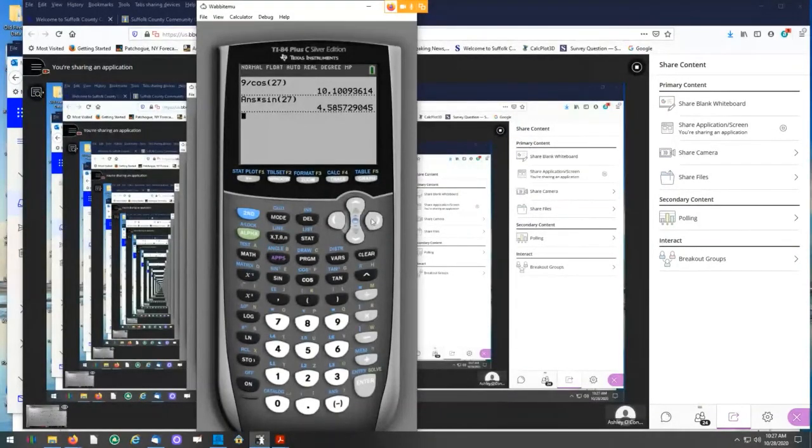I know my calculator is set for the degree mode. Let me clear this out. We'll start with the arc sine of 5 over 10.3. So second function, inverse sine of 5 divided by 10.3. It's going to be an approximation, obviously, and this is going to come out in degree measure. So it's roughly 29 degrees.